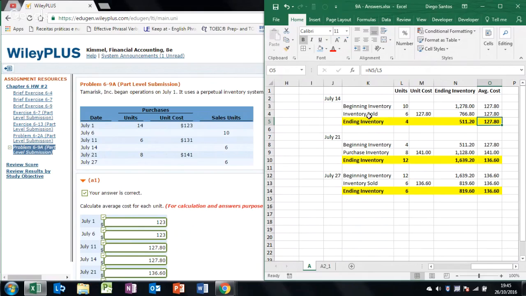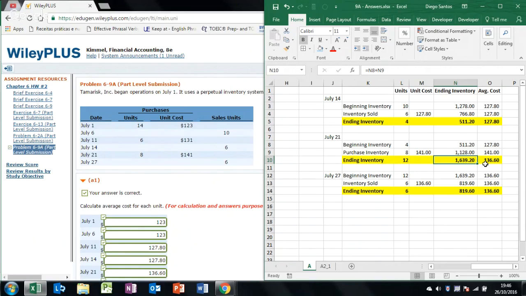Just one thing: if we compute the inflows and outflows of our inventory, we will see that our end inventory for July 14 will be 511.20. For July 21, we start with the end inventory of the previous date, and we purchase an extra 1,128 of inventory because we bought 8 units at a price of 141.